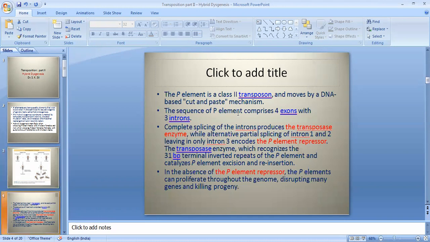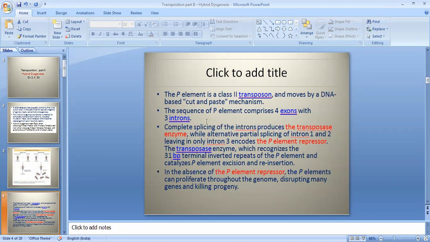As I said, this P element is a transposon. It is actually a class 2 transposon, and it moves by cut and paste mechanism. In the earlier class, we discussed these two mechanisms: one is copy paste mechanism, another is cut paste mechanism. This transposon present in Drosophila is a class 2 type transposon, and it follows cut and paste mechanism for transposition.